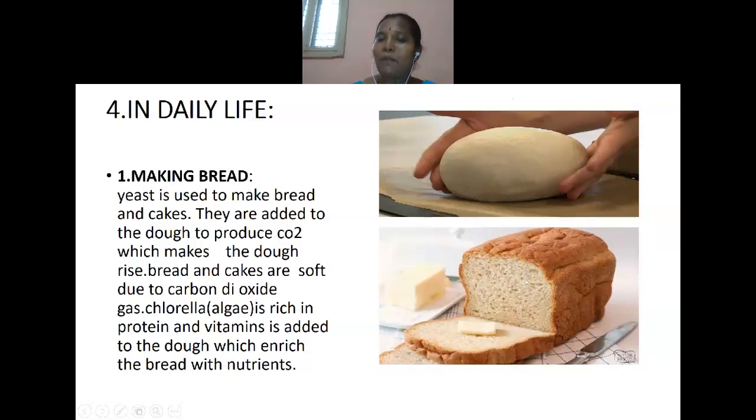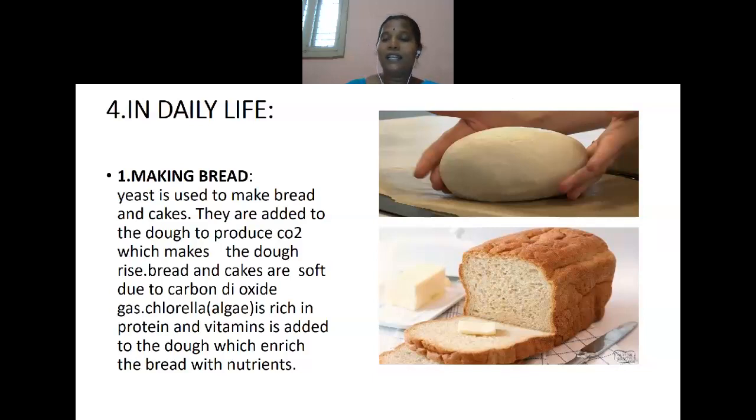It has some air bubbles. This is the reason yeast is used in bread preparation. That's why the bread is very soft and fluffy with air bubbles. The same process is used in our daily tiffin.